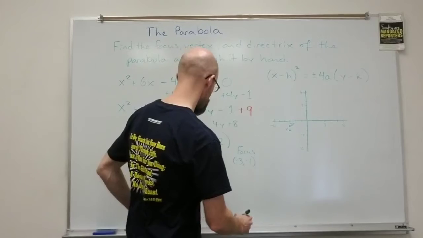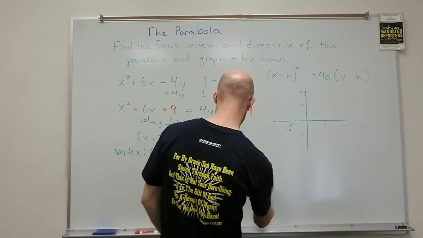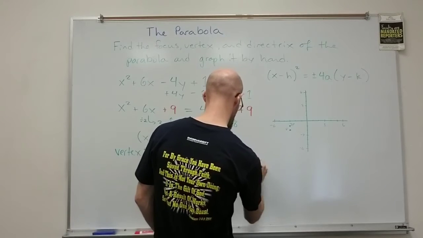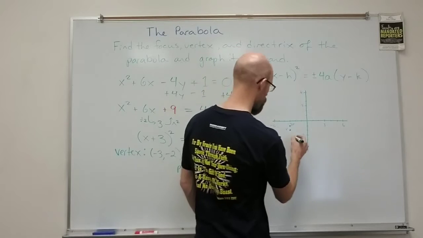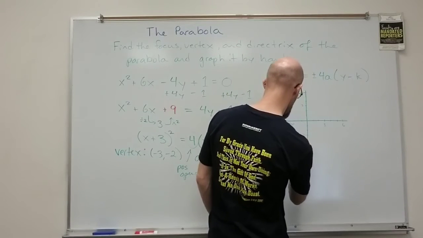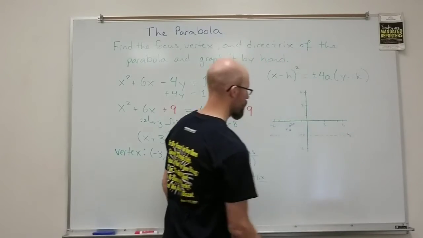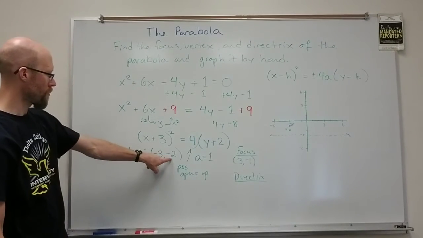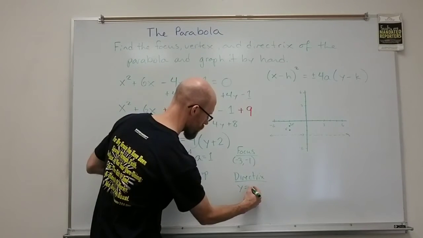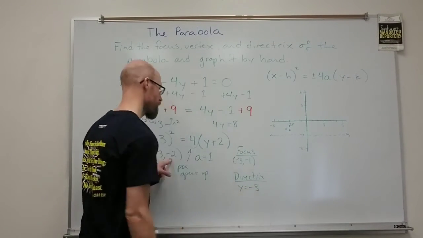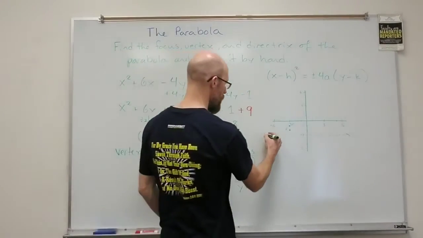And then the directrix is going to be down 1. So I've got to subtract 1 off of this -2 value, and that puts us at y equals -3. Okay, so there's our directrix. Put a D on that.